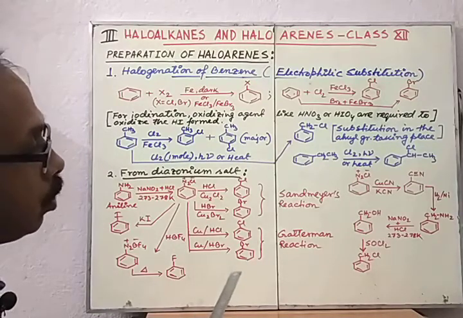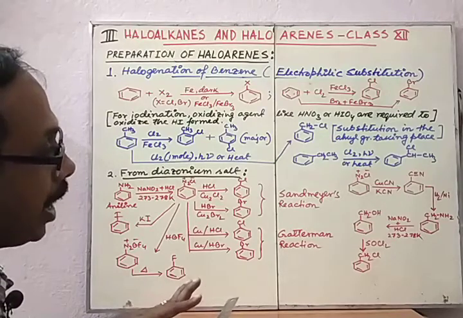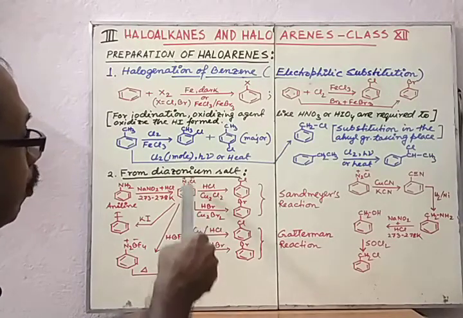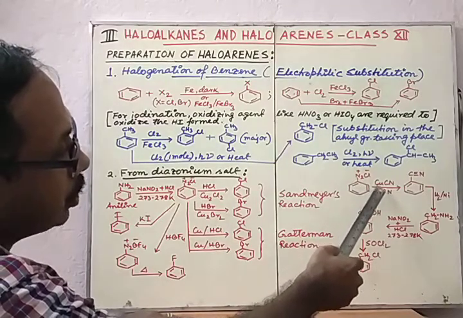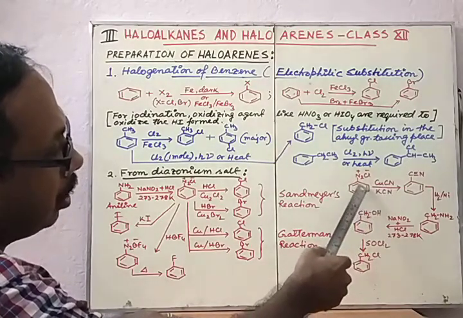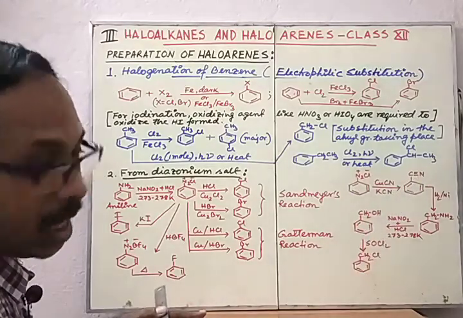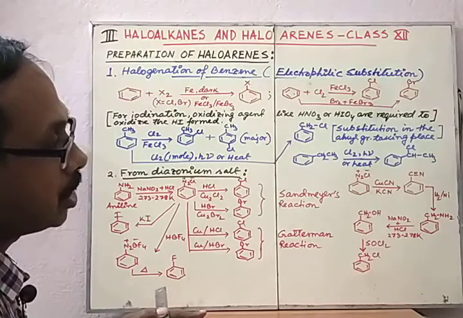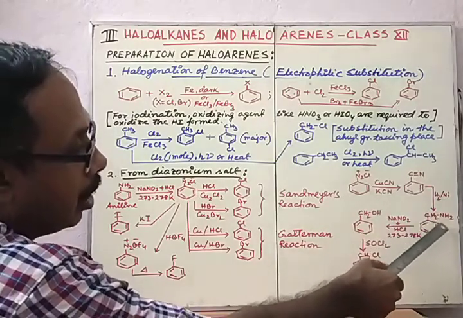Now let us look into some other process also, where from diazonium chloride, if we treat diazonium chloride with CuCN and KCN, then a carbon comes into the ring. That means we can enhance the carbon in the benzene ring, and when it is reduced, it forms the aliphatic amine.